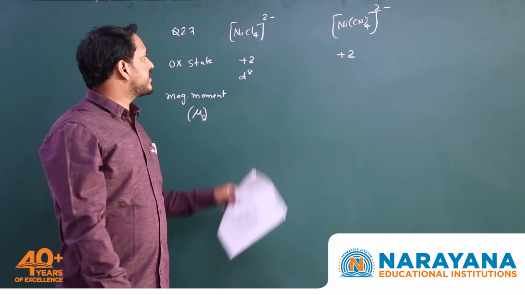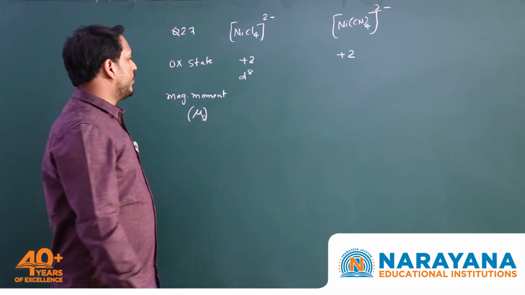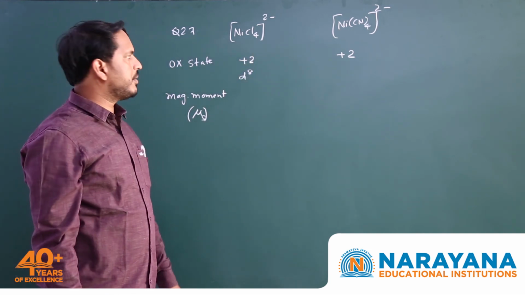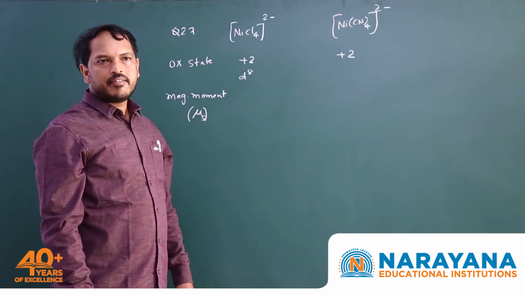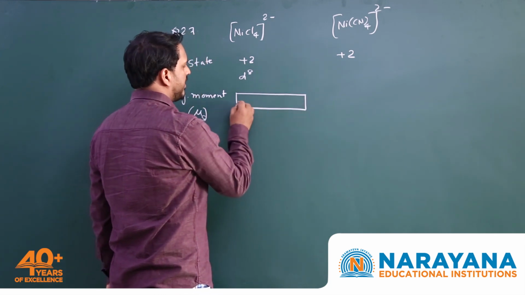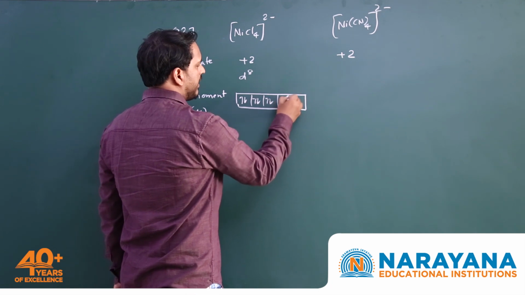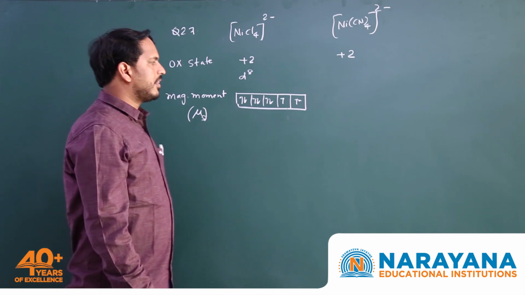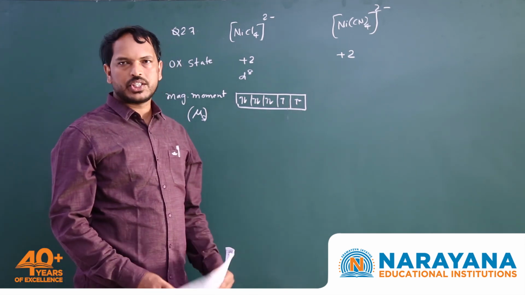So in complexes with coordination number 4, two hybridizations are possible. One is sp3, other is dsp2. So here we know that chloride Cl minus is a weak field ligand. Hence there is no pairing of electrons. So we have 8 electrons in the d subshell. If there is no pairing of the electrons, there is no vacant orbital to undergo dsp2 hybridization.